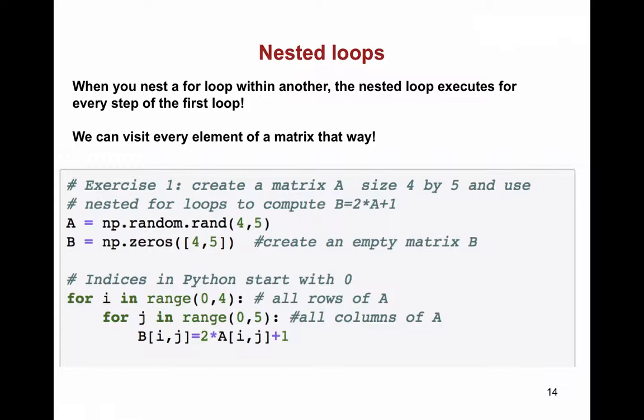I step into the I loop, and then I step into the J loop. But then I keep moving in the I loop, and I repeat the J loop again. And I go another I loop, and I repeat the J loop. So this J loop executes for every I. And that's how I go spatially over this two-dimensional array, if that's how my data is arranged.